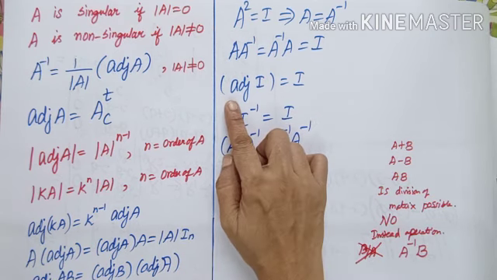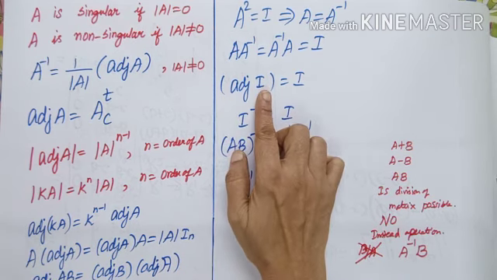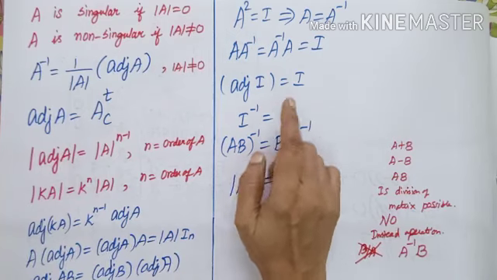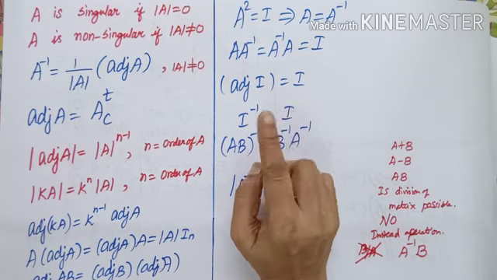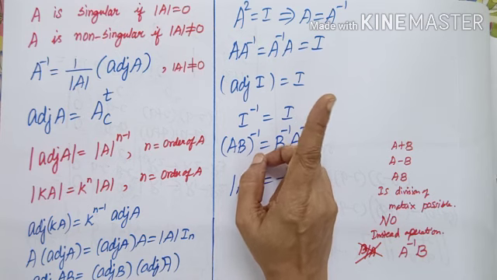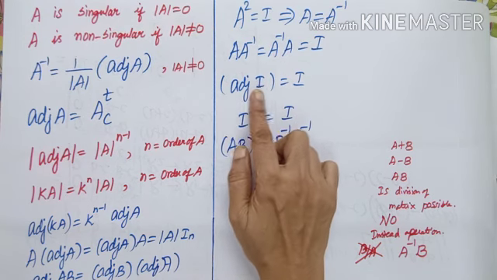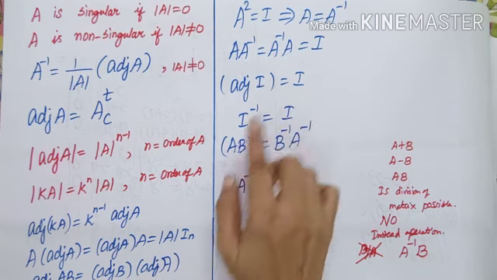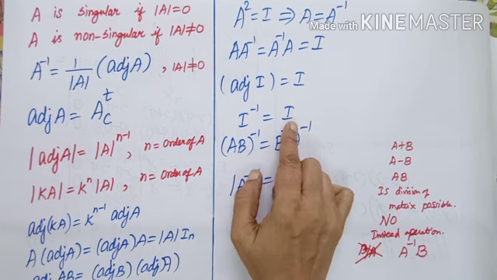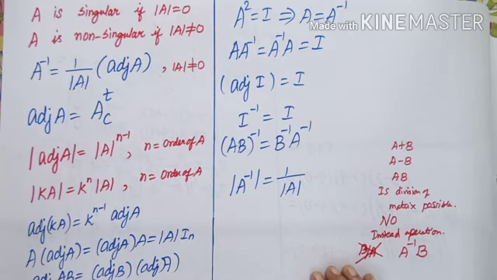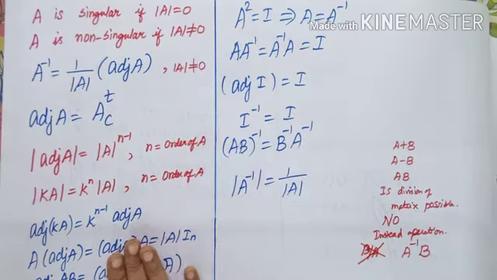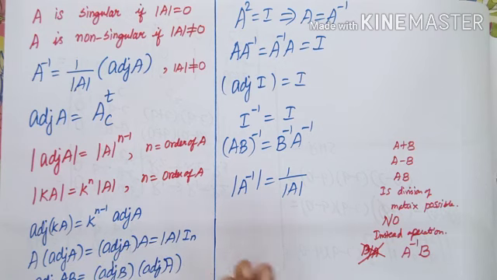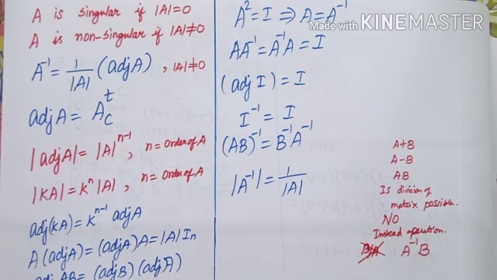Now adjoint of I is the unit matrix. The name itself tells me I into I is I square, I cube, I power 4, any power is I. Adjoint of I is also I, inverse of I is also I, and that's why the name unit matrix. So we have certain formula, and all these will come under objective type questions.